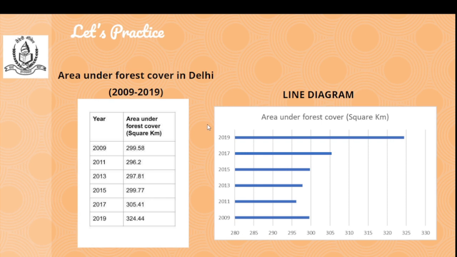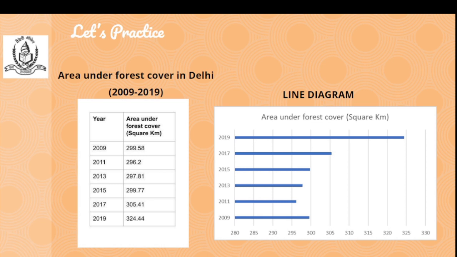First thing I must mention here is that the line diagram can be represented in the form of vertical lines or horizontal lines also. Here you can see a diagram where horizontal lines have been used for the line diagram. On the other hand, the previous line diagram that we saw used straight vertical lines. So both ways it can be presented.